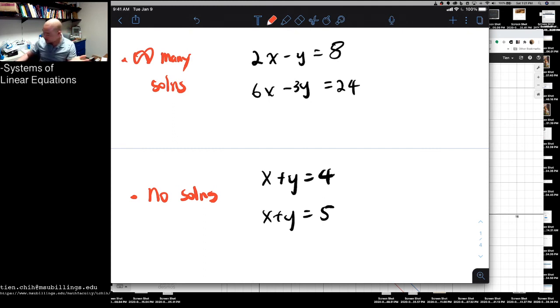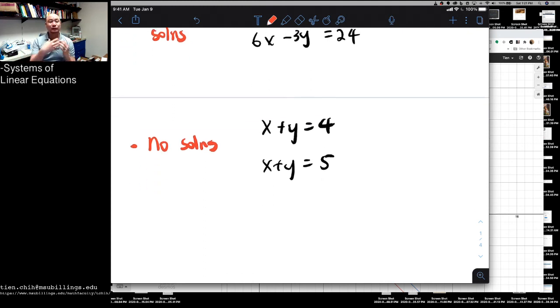Now, it's reasonable maybe to ask, is there a scenario where you have exactly two solutions? But think about what that would mean. If you had exactly two solutions, that means you had two straight lines that crossed at two different points. And that's just not a scenario that can actually occur.